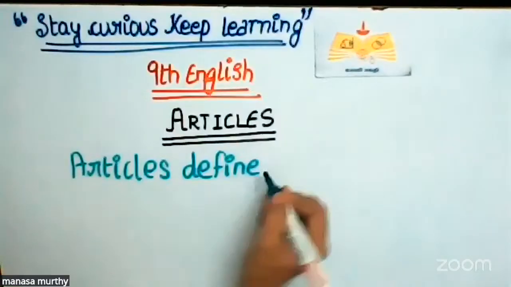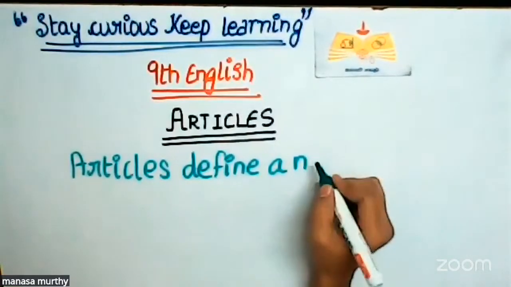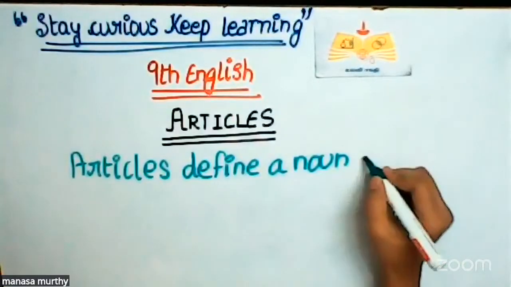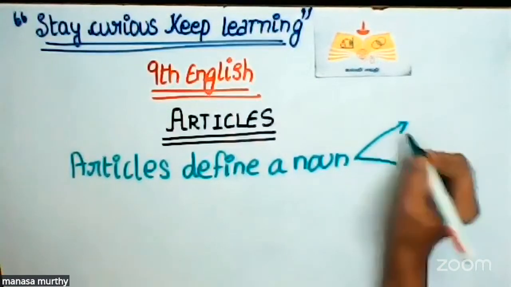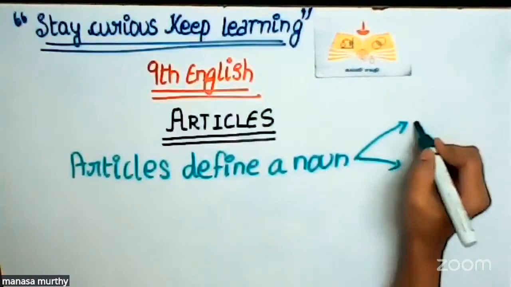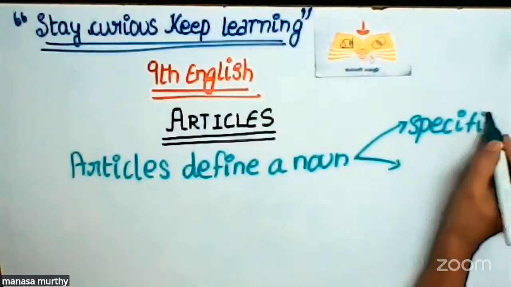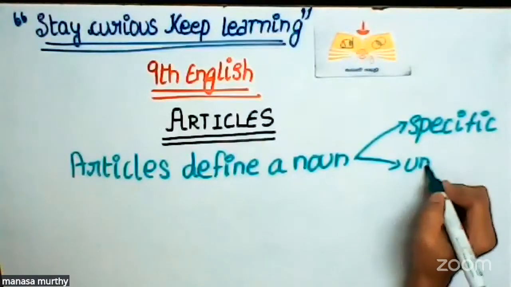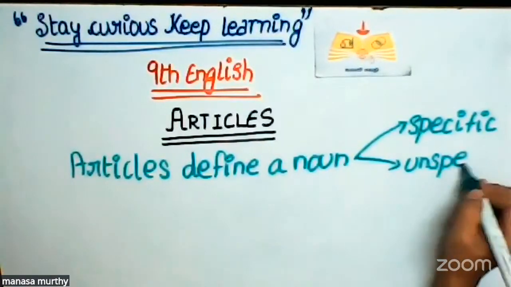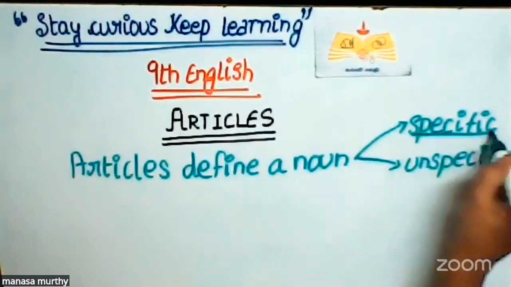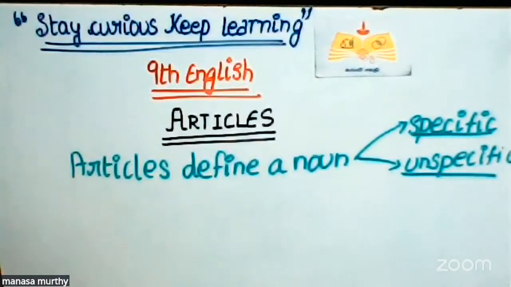Articles define a noun either as specific or unspecific. Whether we are speaking about something particular or not specific, depending upon it, I define the noun as either specific or unspecific, for which articles are used.